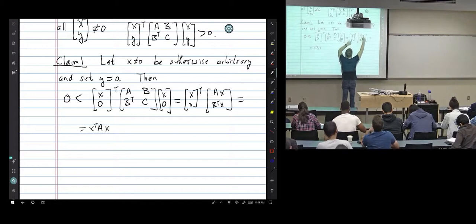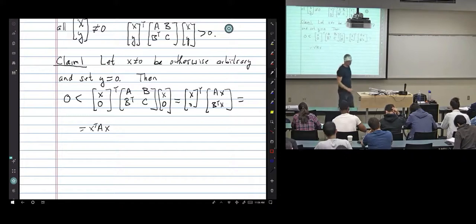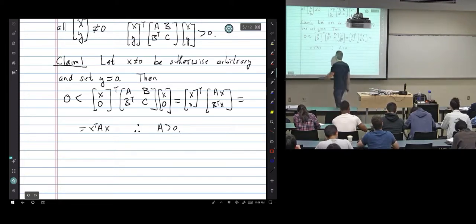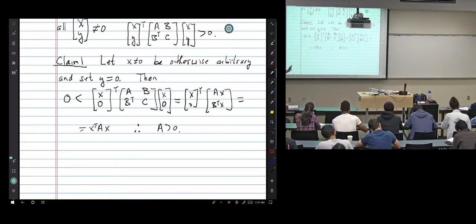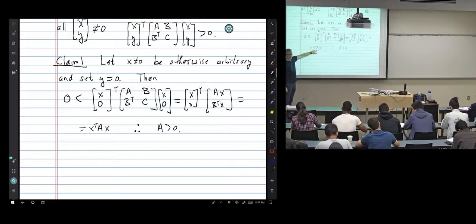This is transposed, and then this times this. Okay, so this says that A is positive definite because x transpose Ax is bigger than 0 no matter what x is, because we had x arbitrary but non-zero. Okay, you see the strategy? We use the definition of positive definite, then we just make a special choice for x and y, and we pick off that component. That one's really easy.